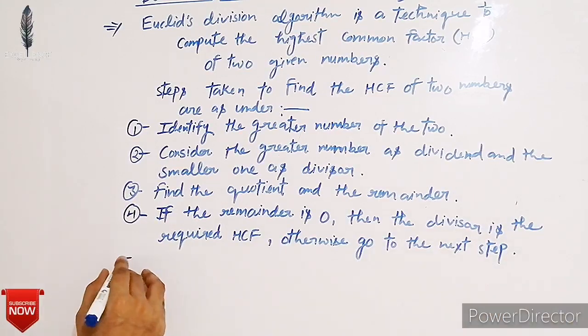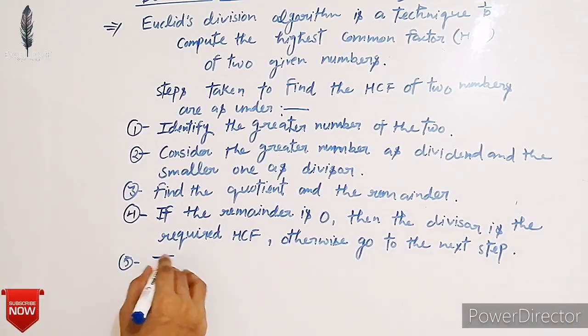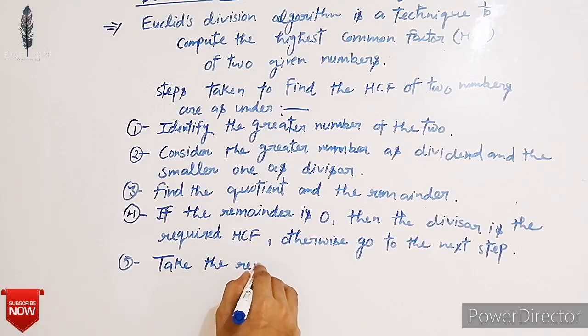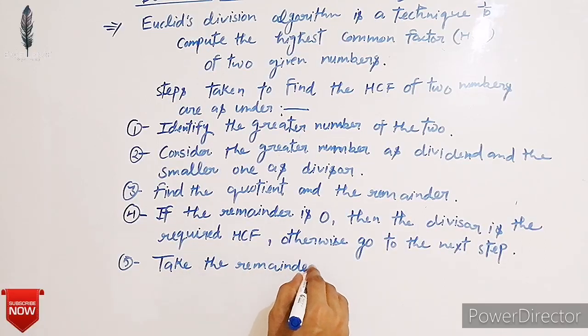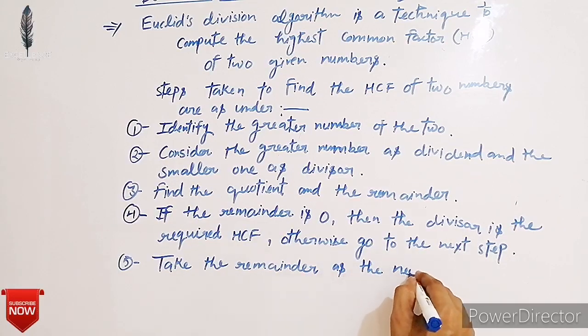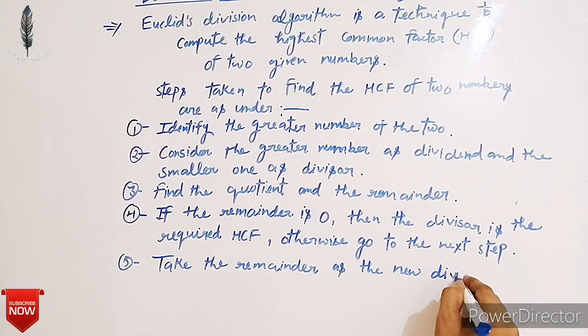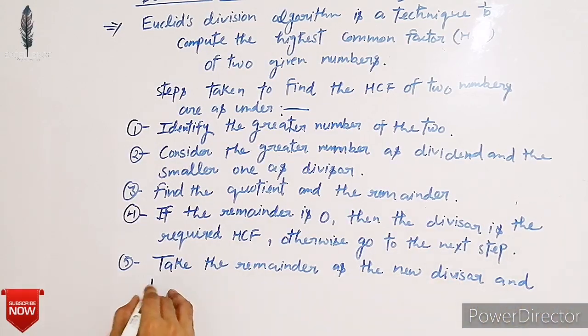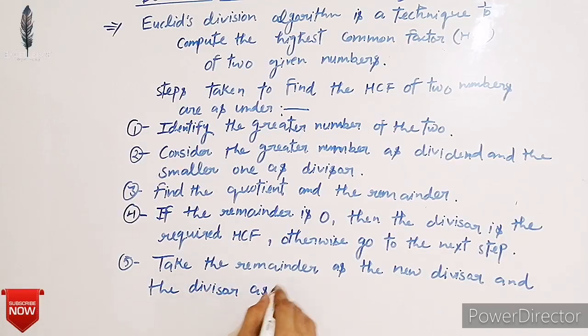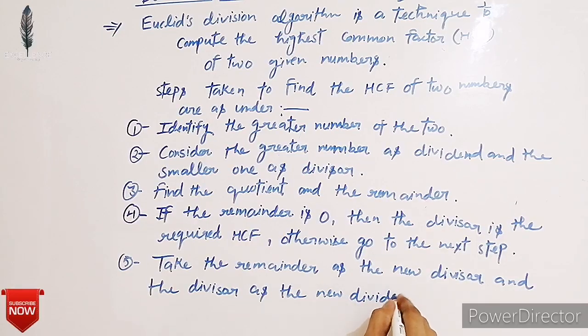So, next step is, take the remainder as the new divisor and the divisor as the new dividend. Okay, students?